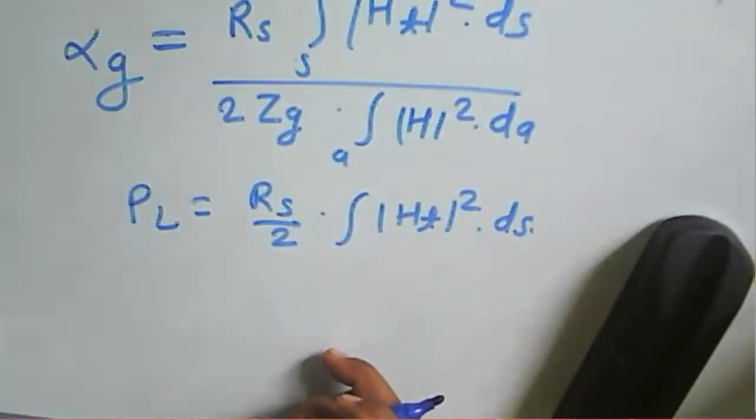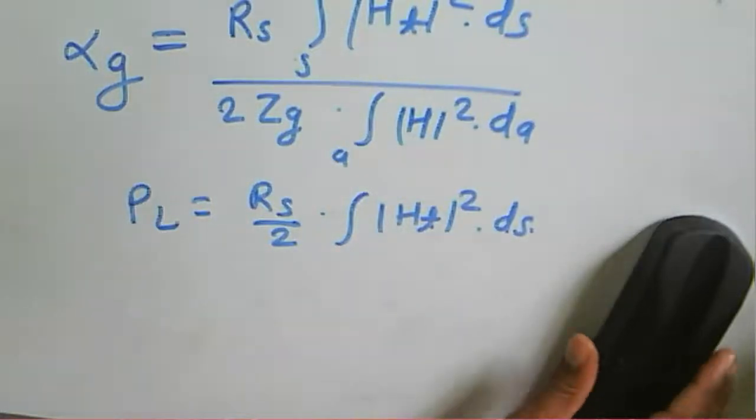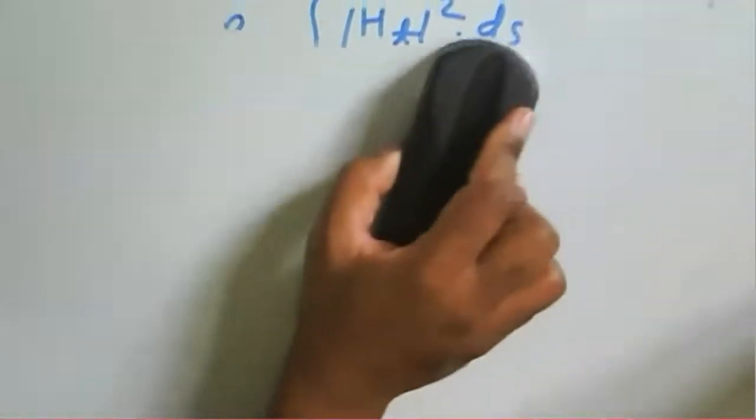Okay, so that is your power loss when we consider the ohmic surface, and also the loss because of the dielectric medium. So that is about the power losses in a rectangular waveguide that we have seen.